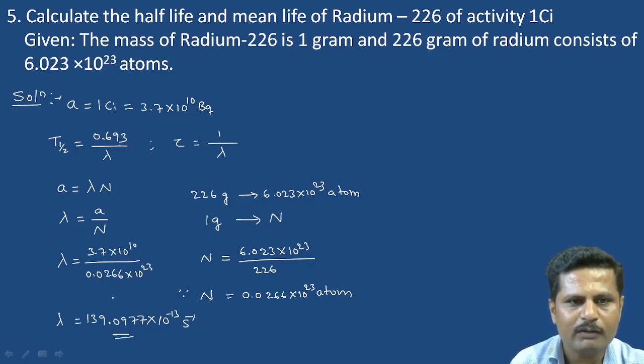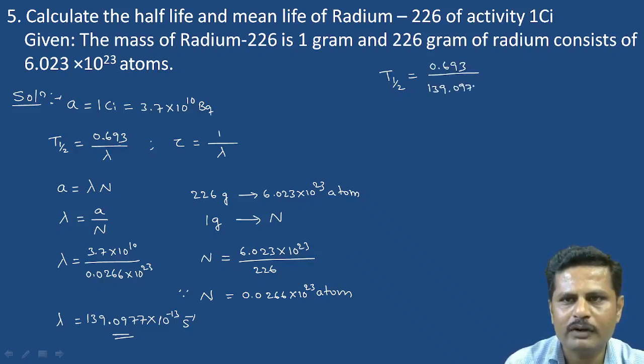Now after getting lambda, we can find out half-life and mean life very easily. We know that the half-life T half is equal to 0.693 divided by lambda. Just now we got lambda, that is 139.0977 into 10 raised to minus 13.